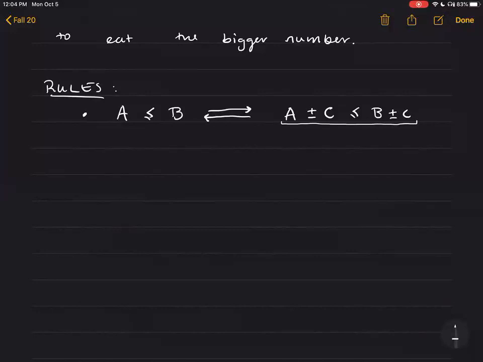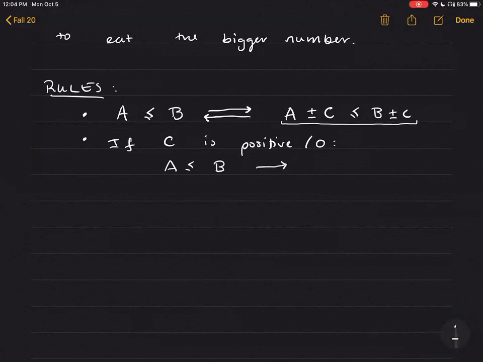And you still have A is less than or equal to B. Cool.